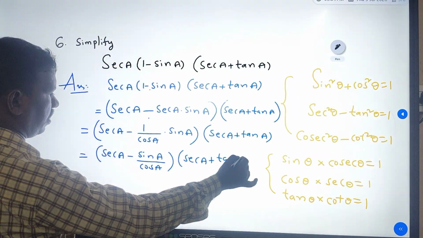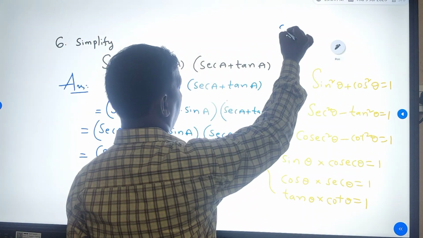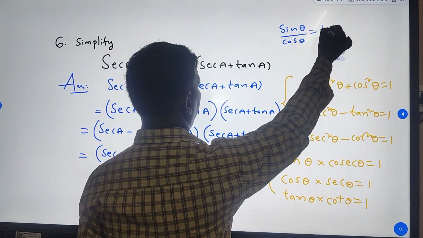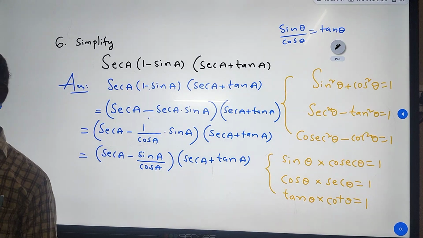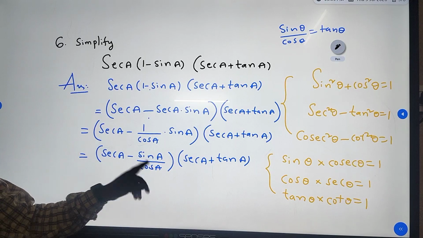So we know that very well about that formula: sin theta divided by cos theta equal to tan theta. Sin theta by cos theta equal to tan theta. So what is sin A by cos A?